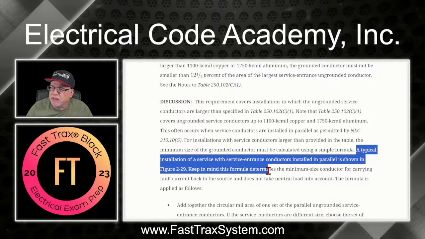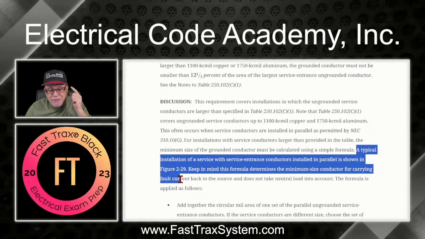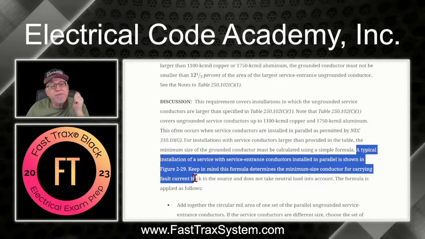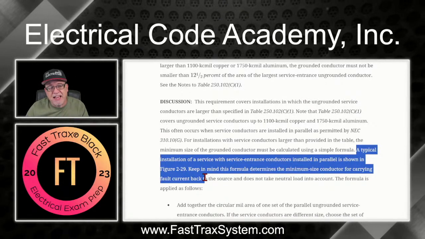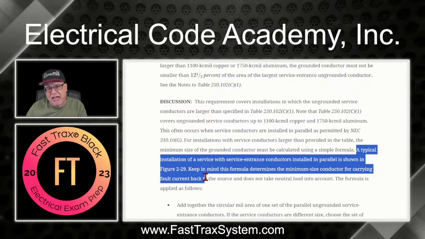Keep in mind this formula determines the minimum size conductor for carrying also, don't forget, that fault current. So if it starts to not make sense, remember at this point, the table is addressing the fault current, not so much the neutral load calculation. So that's why it has to be a minimum size.